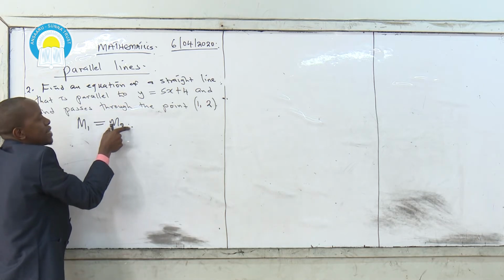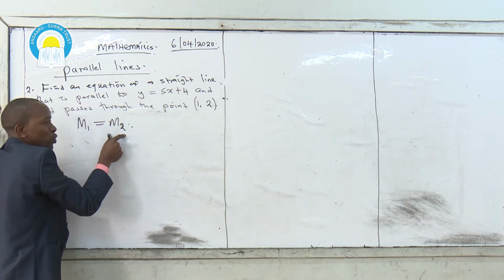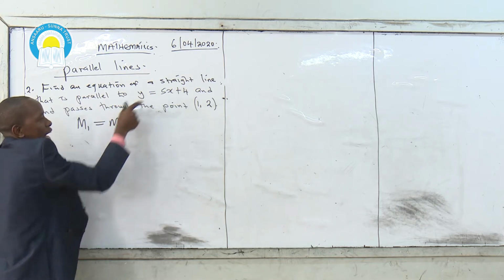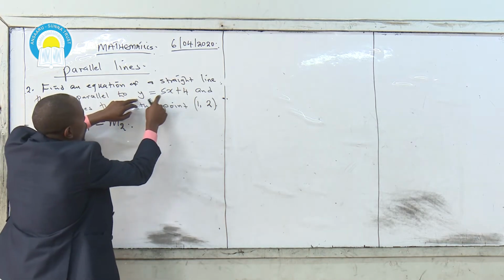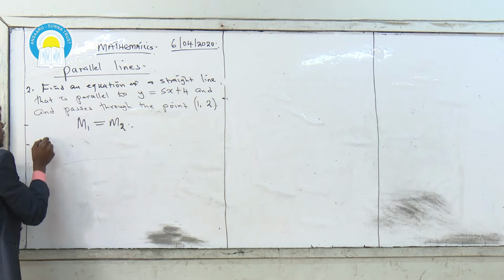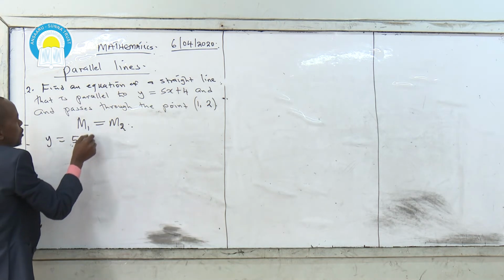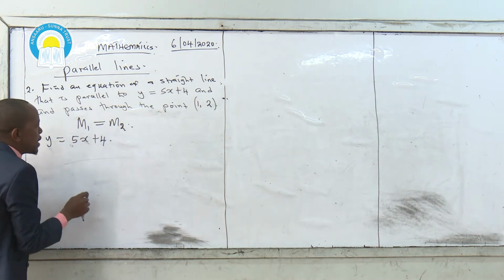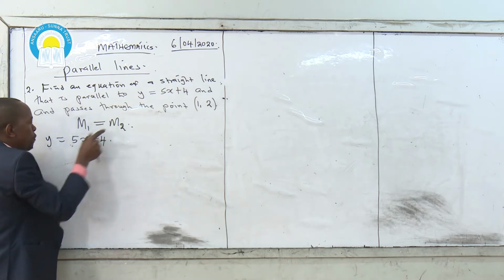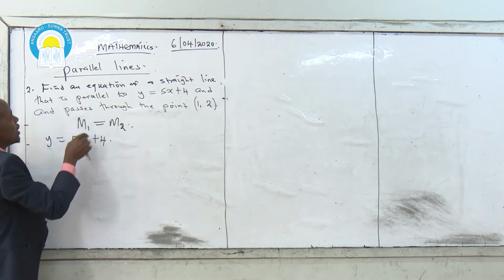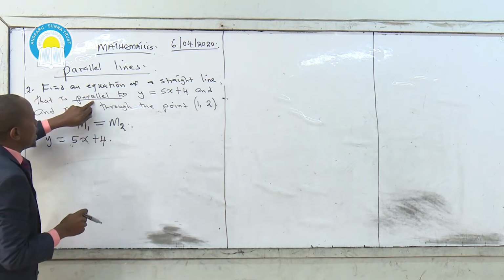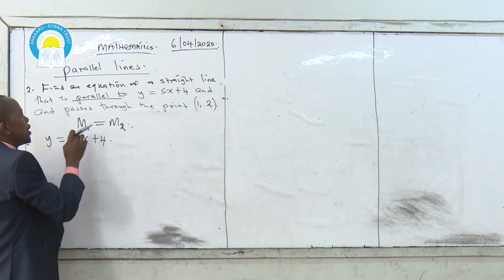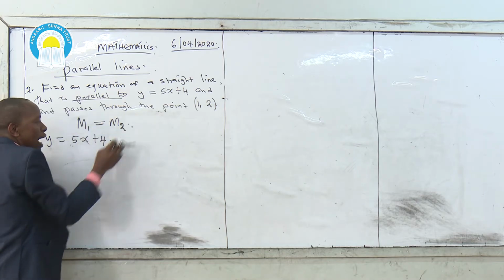How do we get it? We get it from the equation that is given, which is y is equals to 5x plus 4, because they are parallel lines. If they are parallel, then m1 and m2 are the same.